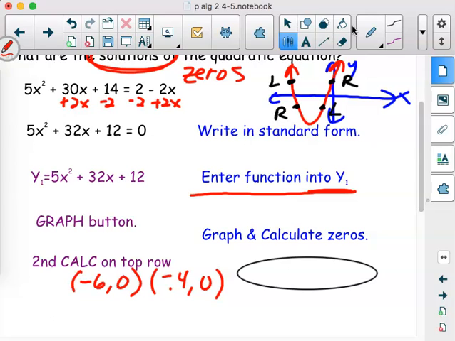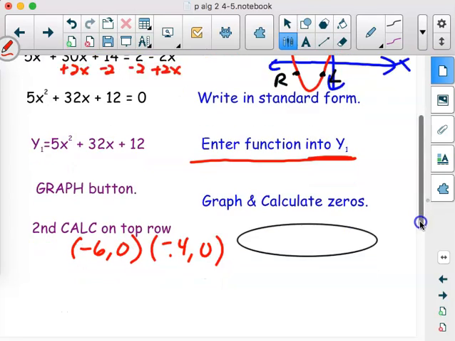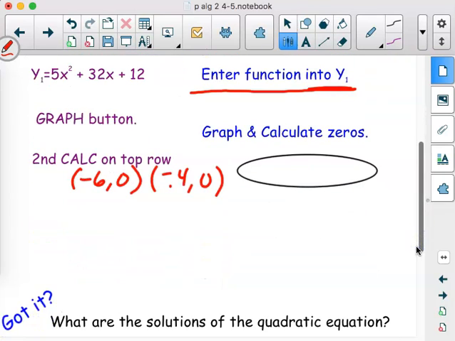So there are two zeros. Now, here's another really important thing that we need to know, and that is this one could have been factored. And I know that because I see the zeros that just came out of here. And I realize that negative 0.4, that's negative 4/10, which reduces to negative 2/5.